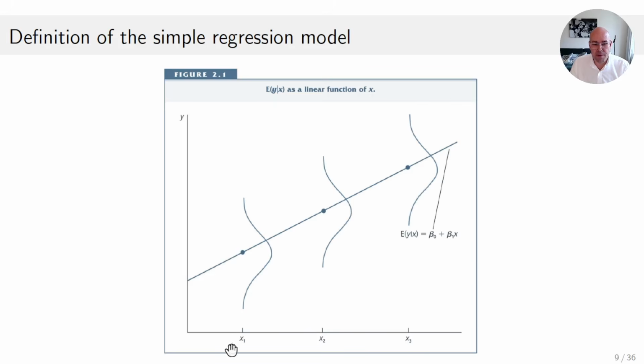But this distribution here comes from the distribution of u given x. That distribution of u given x could in principle be different for different values of x. However, what you do need is that for each value of x, that distribution has a mean of 0. That is our assumption. So it could be a different distribution for different values of x, but they all need to have a mean of 0.